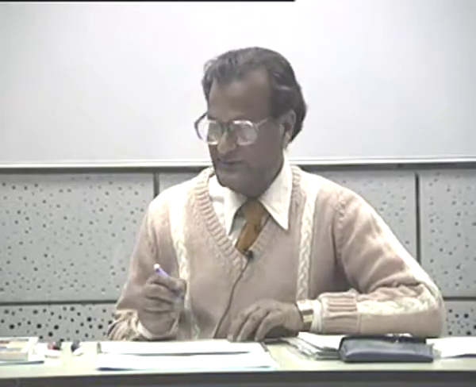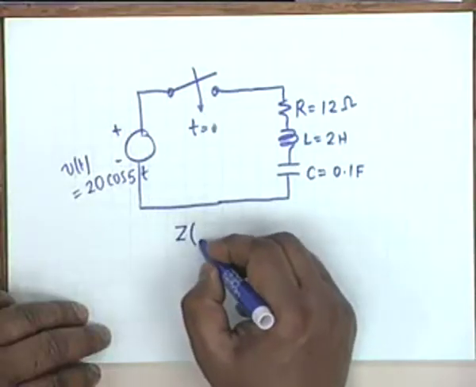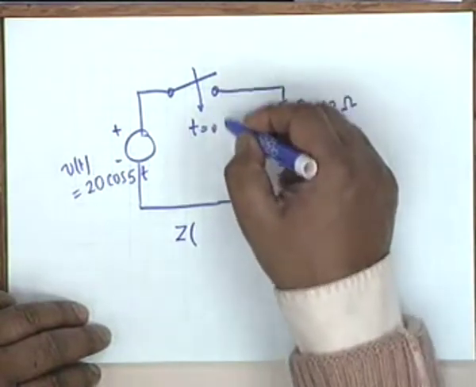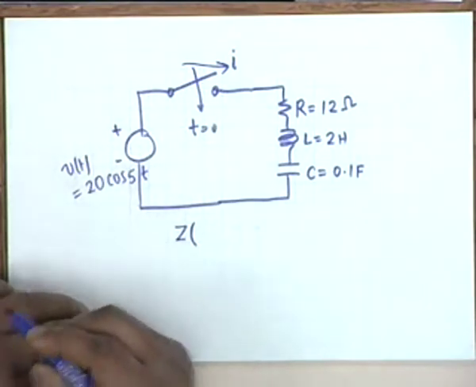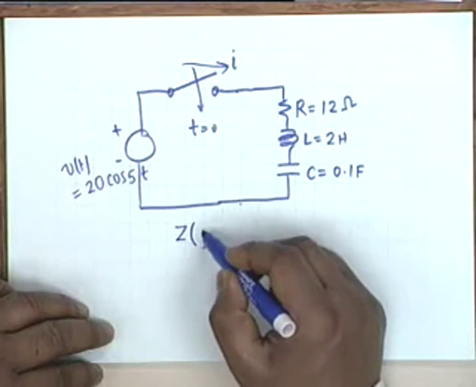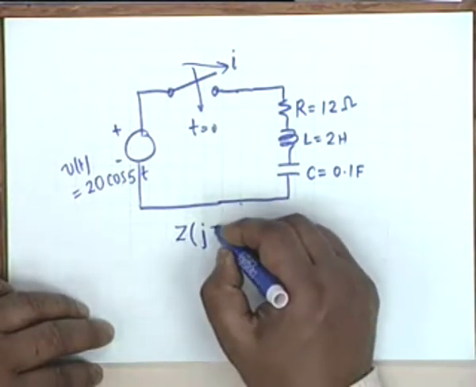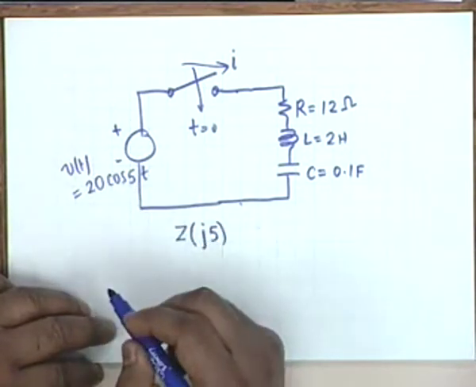As far as If is concerned, all that I have to do is to find the impedance between these 2 points, Z of j, what is omega? 5, isn't that right? Cosine of 5t, so omega is 5.